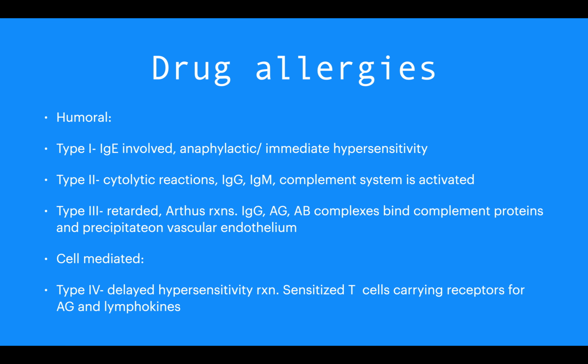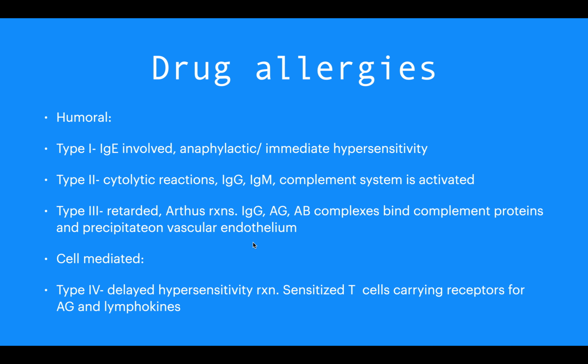Okay, so drug allergies have two different types: a humoral and a cell-mediated response. Type 1 is humoral, IgE is involved, anaphylactic or immediate hypersensitivity, pretty serious. Type 2 is a cytolytic effect, IgM, IgG, and the complement system is activated.